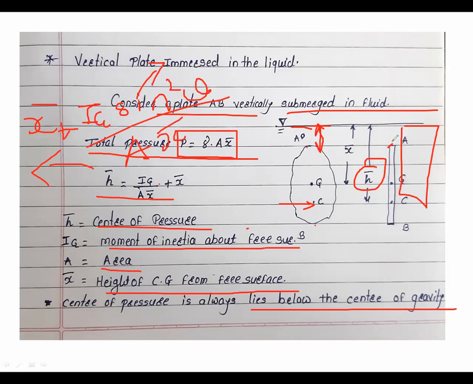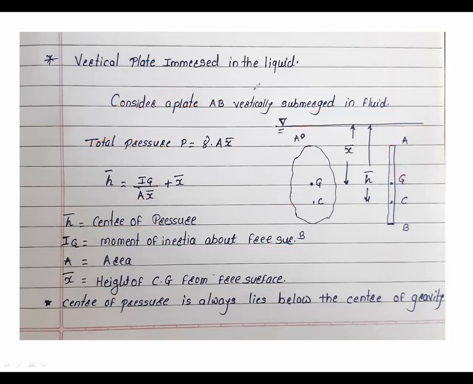When the surface of the body makes some angle with the free surface of the liquid or fluid, then we consider it as inclined, and we add the sine square theta notation.